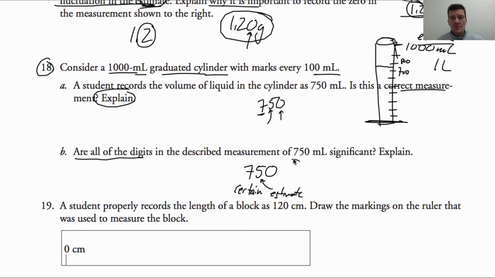It is simply a placeholder. That's all it does. It needs to be there so that the 7 and the 5 are pushed to the correct place values to give them the 700 value and the 50 value. This 0 has to be there only to push the 7 and 5 into the correct location, but it's not part of the significant digits in this measurement. Only the 7 and the 5 are.